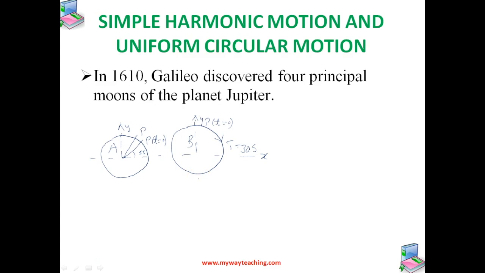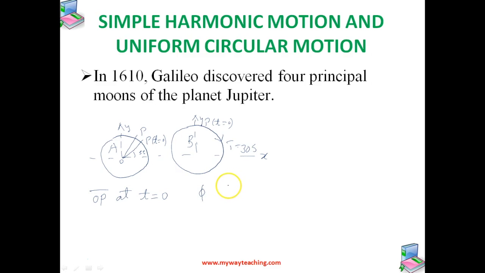And the initial position vector of the particle, that is nothing but vector OP, at t equal to 0 makes an angle phi with the positive direction of the x-axis, isn't it?